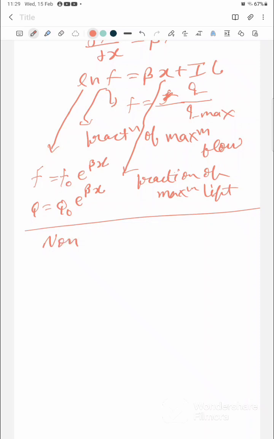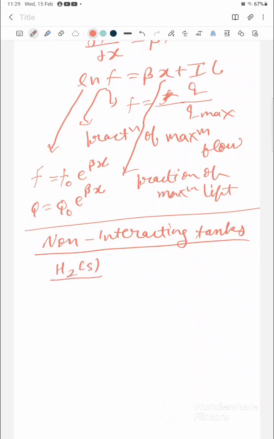We studied non-interacting tanks. So H2S by QS is 1 by (tau1 s plus 1) times 1 by R2 (tau2 s plus 1).